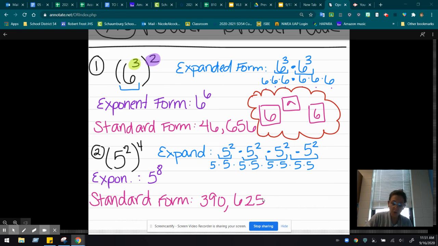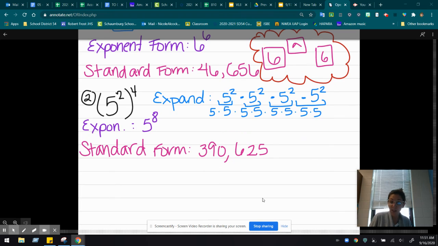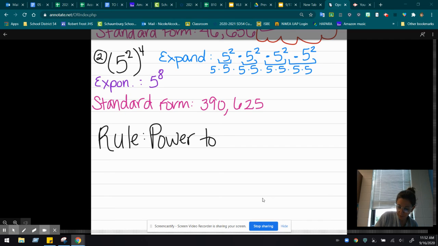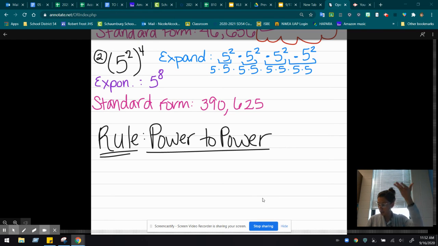So I'm wondering here if you noticed any pattern between what happens from the original to expanded to exponent form. If you're noticing a pattern, that would then be translated into the rule. So we're going to go ahead and write the rule. Rule for power to a power. So just like we had in our examples, we had an exponent to another exponent.